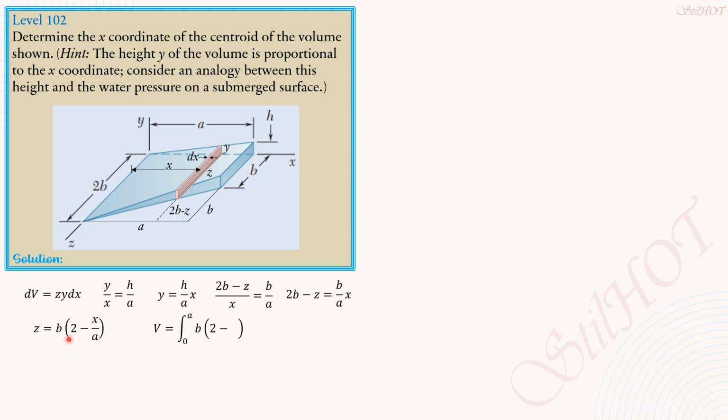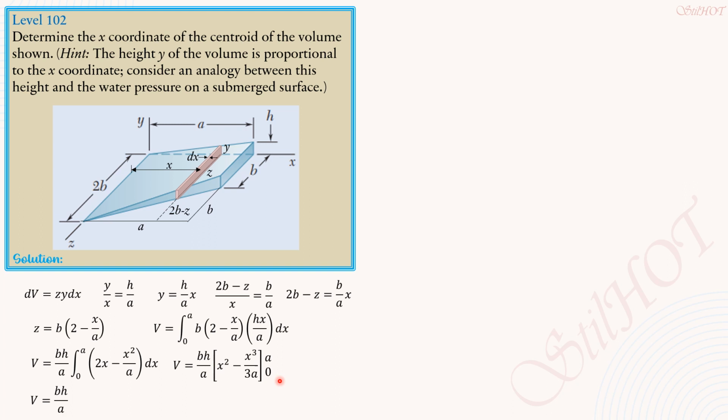Volume therefore is the integral from 0 to a of z, which is b times the quantity 2 minus x over a, times y, which is h over a times x, dx. So volume equals bh over a, integral from 0 to a of 2x minus x squared over a dx. So integrating, volume is bh over a times the quantity x squared minus x cubed over 3a, from 0 to a.